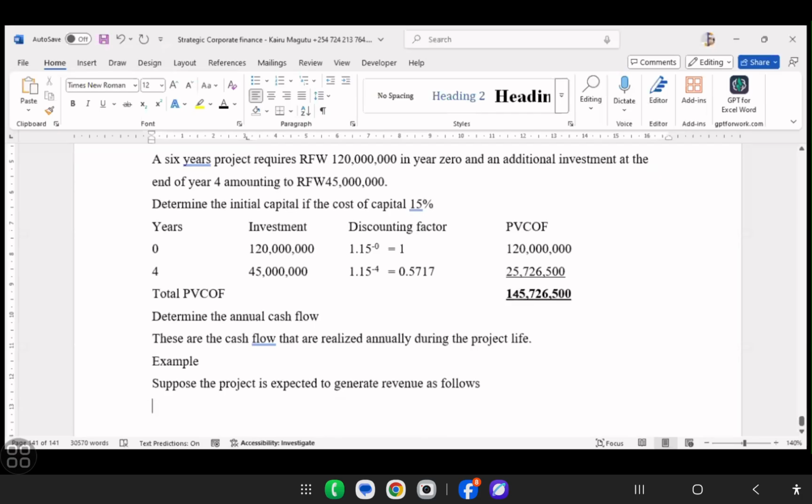We say years. I'll give it 1, 2, 3, 4, 5, and 6. Revenue. This is in Rwandan francs, and my revenue is in millions, in thousands.